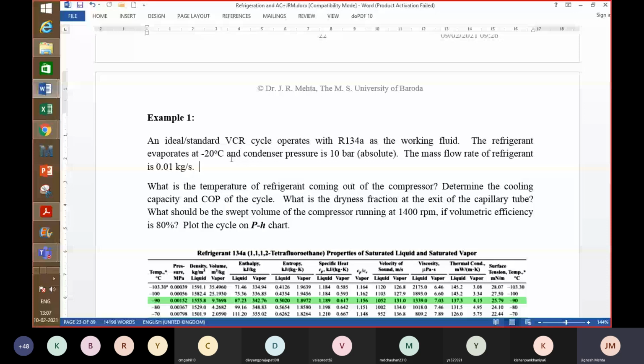And we are also assuming that the condensing temperature, or the sink where you're rejecting the heat, is at such a temperature that the condenser pressure is 10 bar, and you can get the condensing temperature by using the property table.